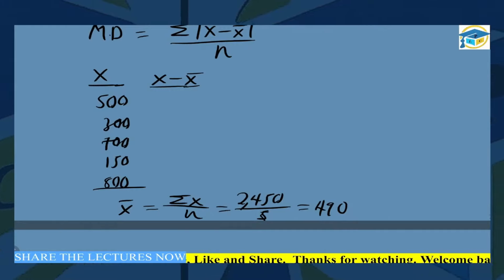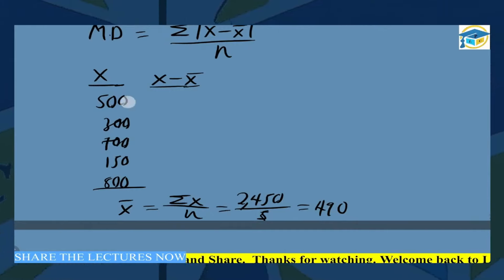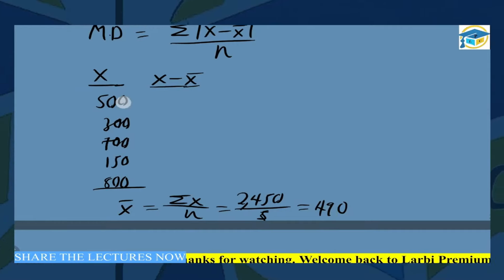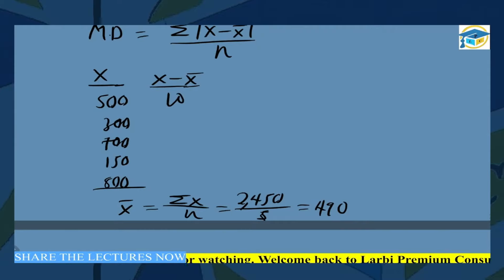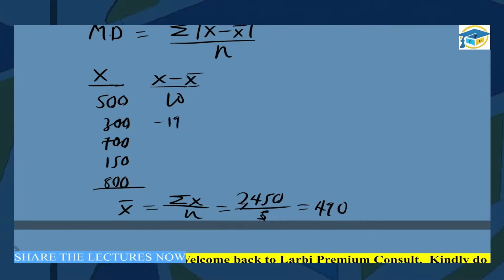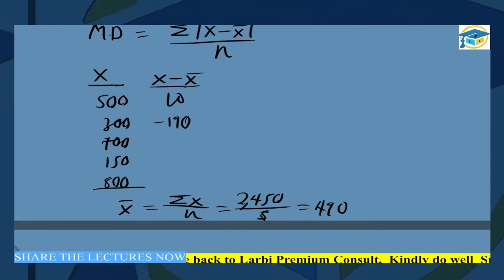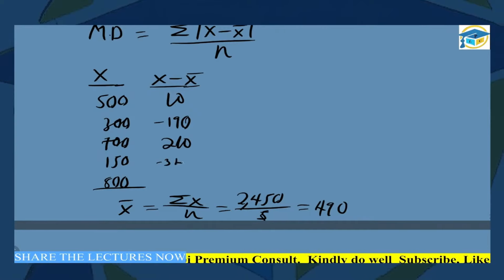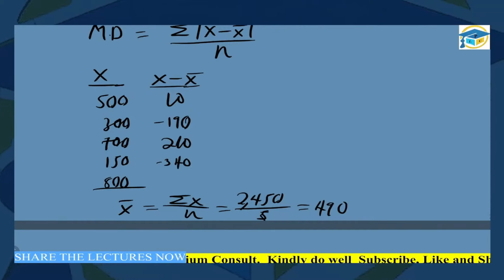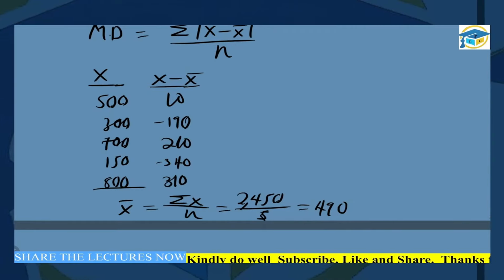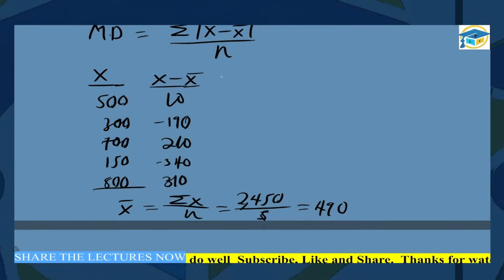Once you get that, we deviate the mean from these values. 490 taken from 500, you're supposed to get 10. Then 490 from 300, we are getting negative 190. Then here you are getting 210. Here we are getting negative 340. And here we are getting 310. Once you have the deviations, you find the absolute values of the deviation.